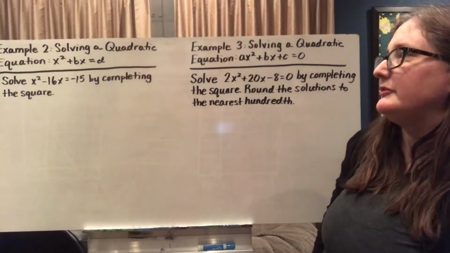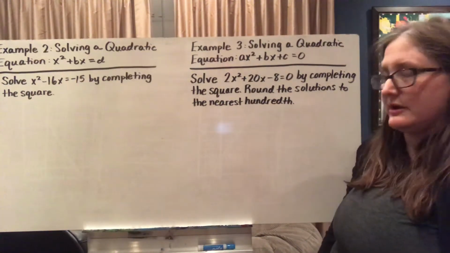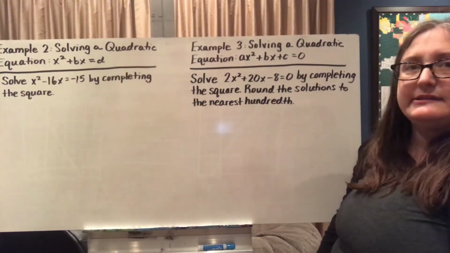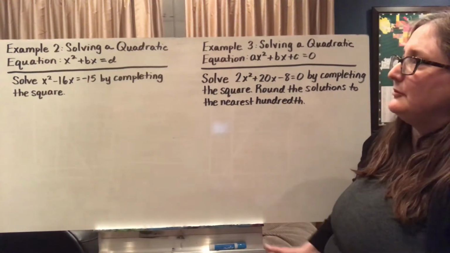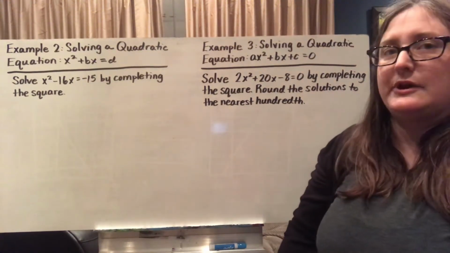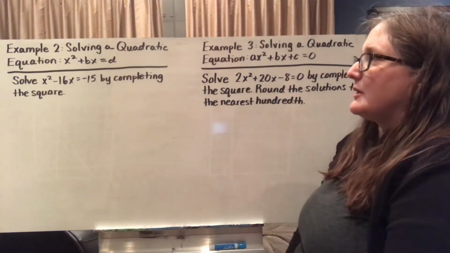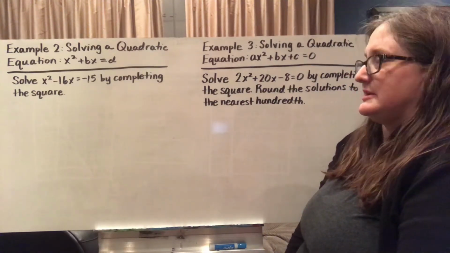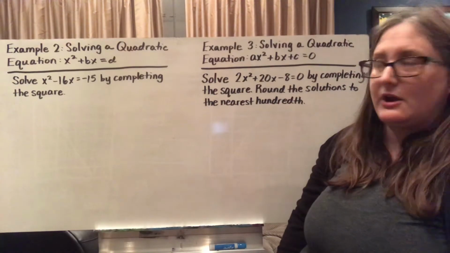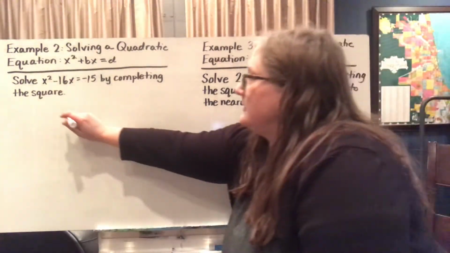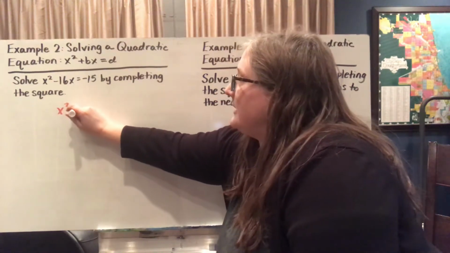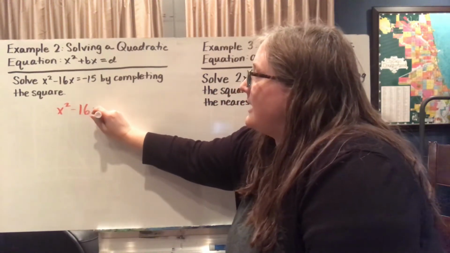So how does this help us to solve actual quadratic equations? So let's see where this would actually come in handy. So in example 2 here, we're solving a quadratic equation in the form of x squared plus bx equals d. So right now what I care about is this first half of the equation, the x squared minus 16x.